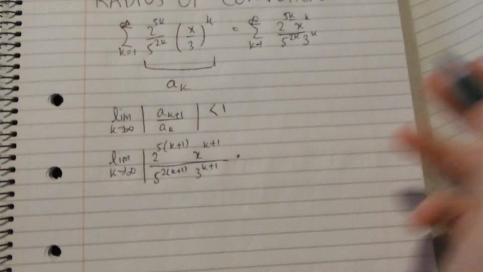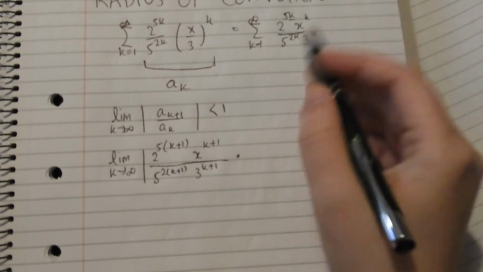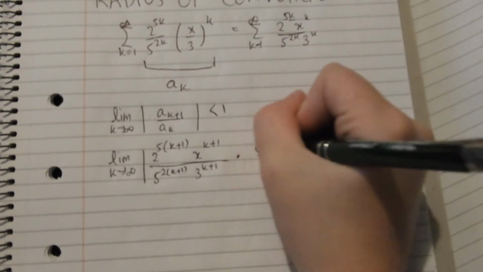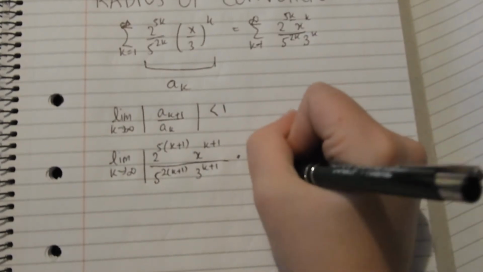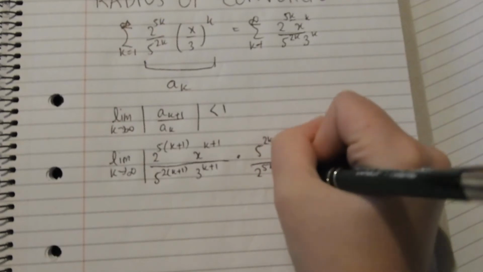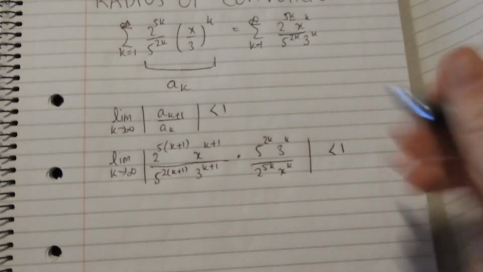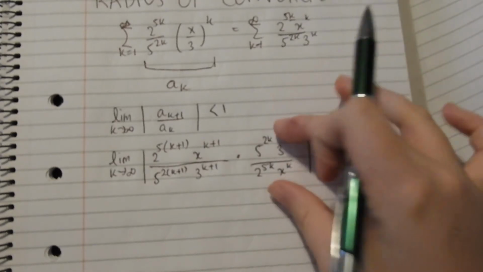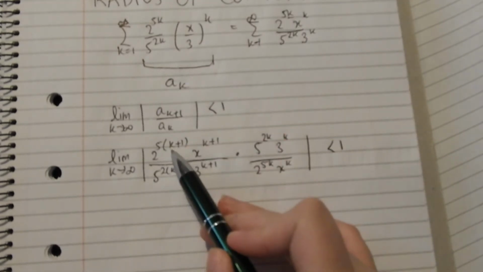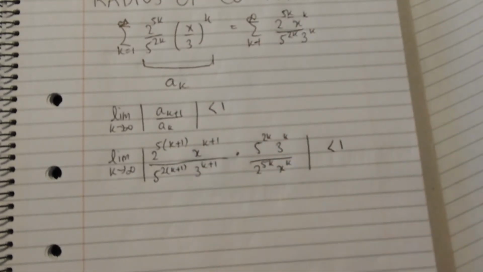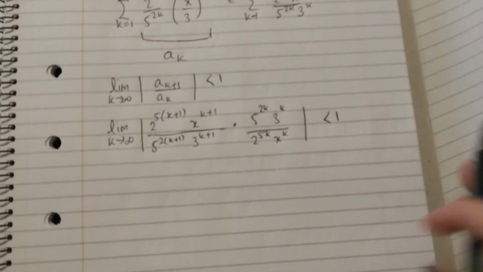Now we need to times it by a_k flipped. So we take the bottom and put it on the top: 5 to the 2k, 3 to the k, divided by 2 to the 5k, x to the k. That's the easiest way to do it. Just flip this and write it there, and then substitute k plus 1 into k and times it by it. It's a lot easier just to do that every time you do a question.